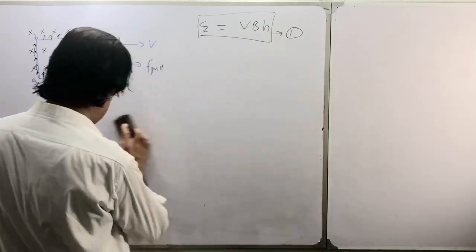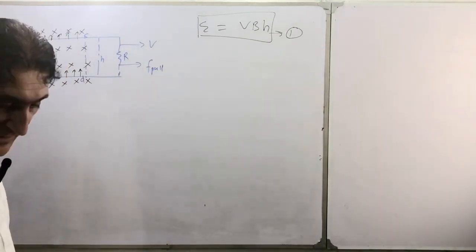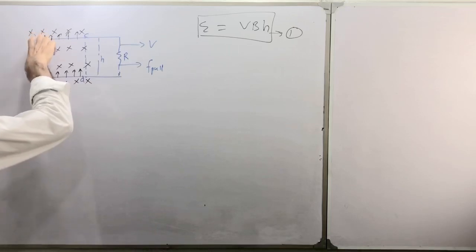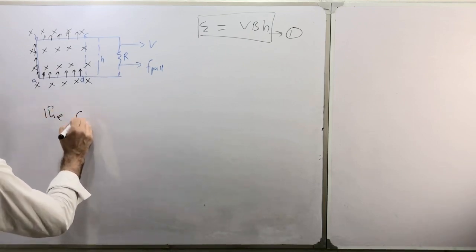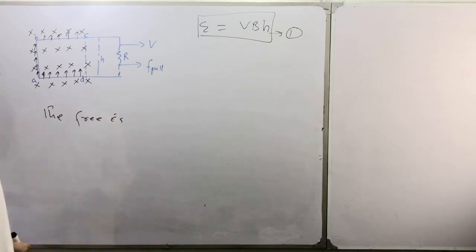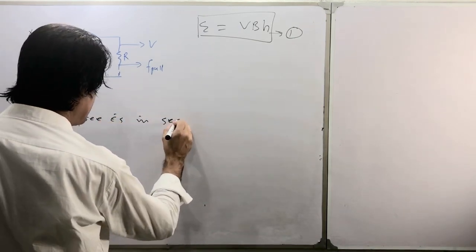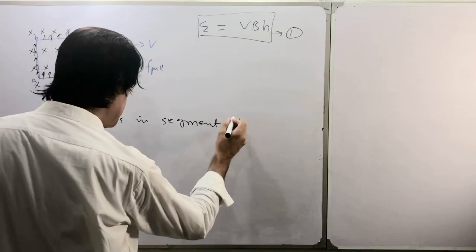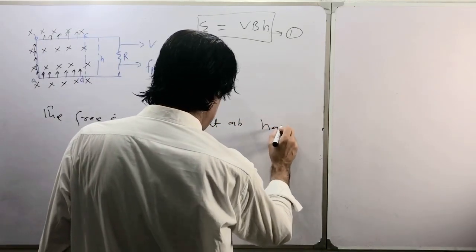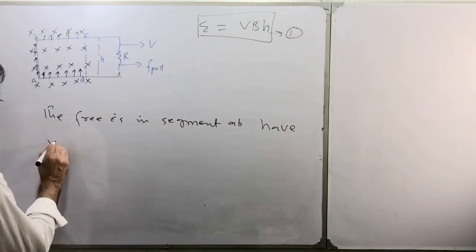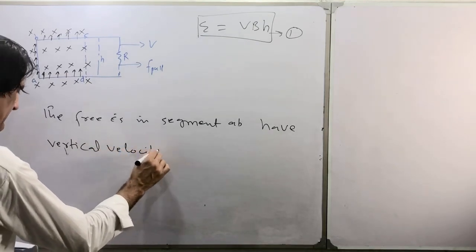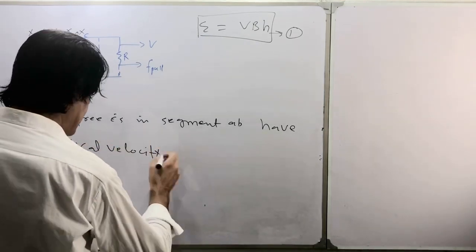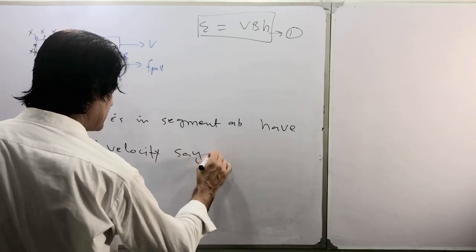If the person pulls this loop to the right with velocity v, the free electron in this segment AB, I will write down, the free electron in segment AB has vertical velocity, and say this is u.